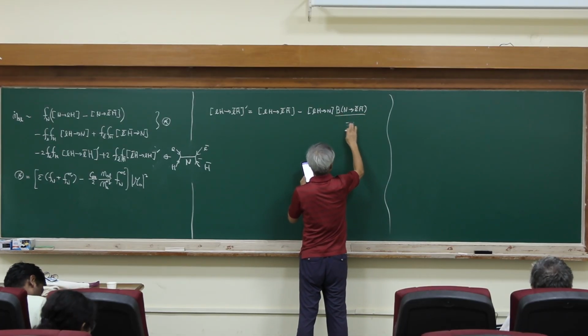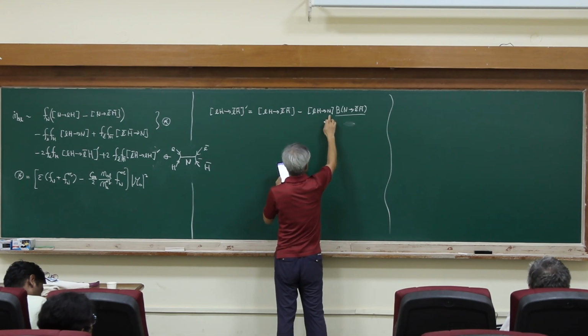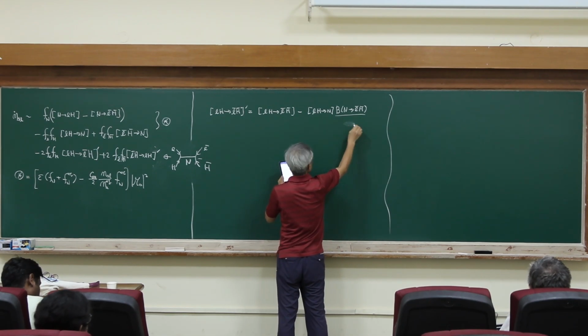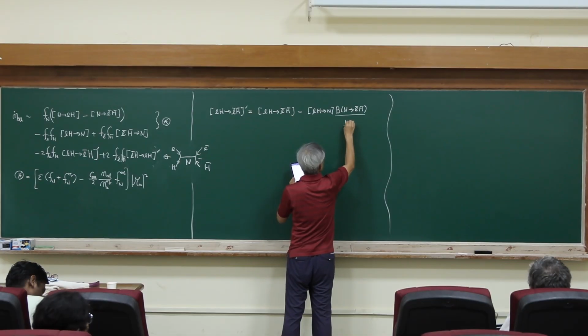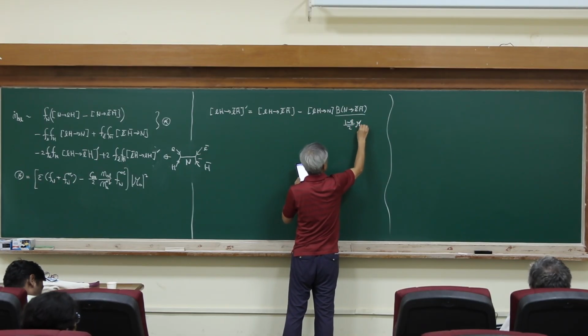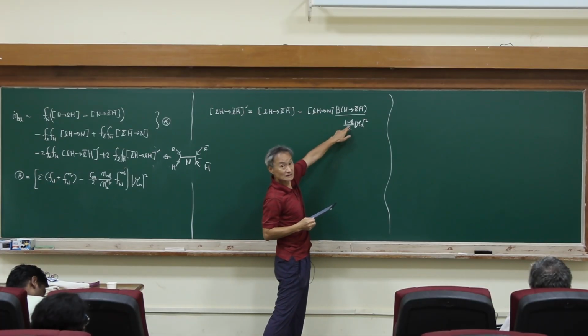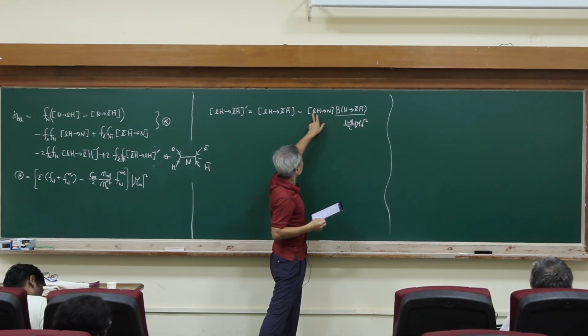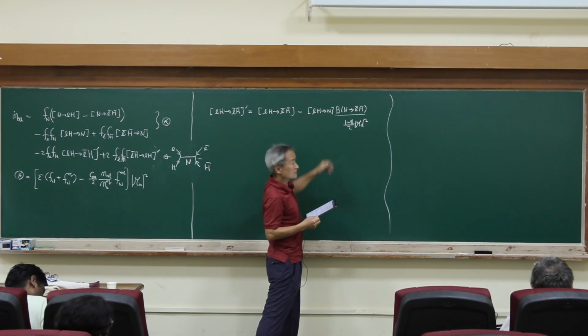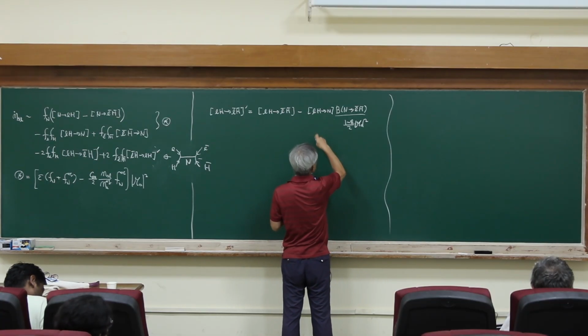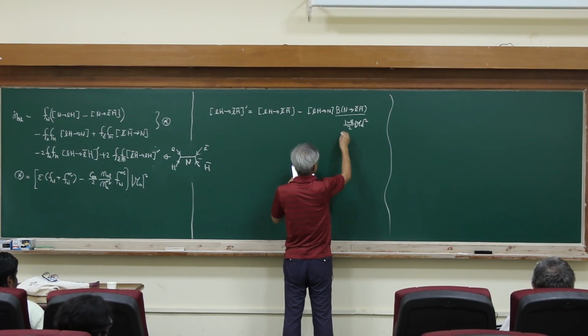So this was one. This branching ratio has a small asymmetry, and this is the same as N going to L bar H bar.